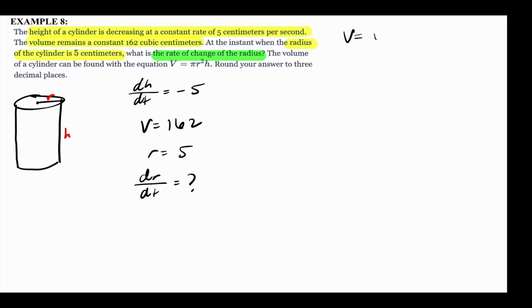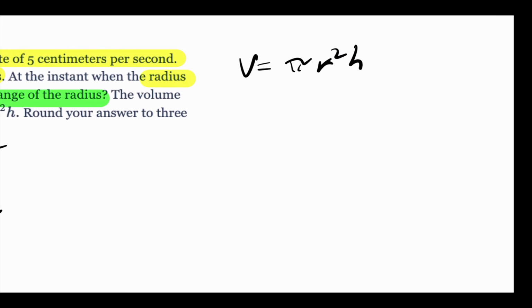In this formula here, I'm going to have to use the product rule because r and h are both variables. Pi is a constant, a coefficient, so it can go with r squared.